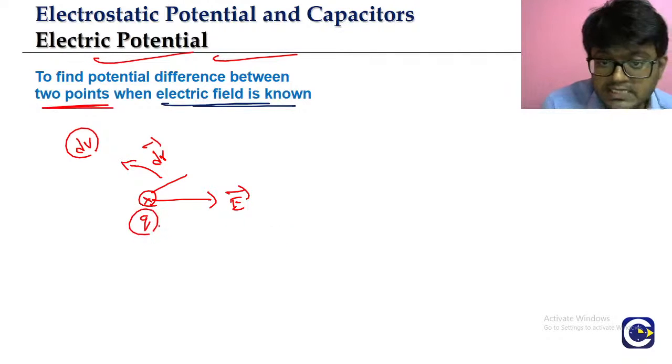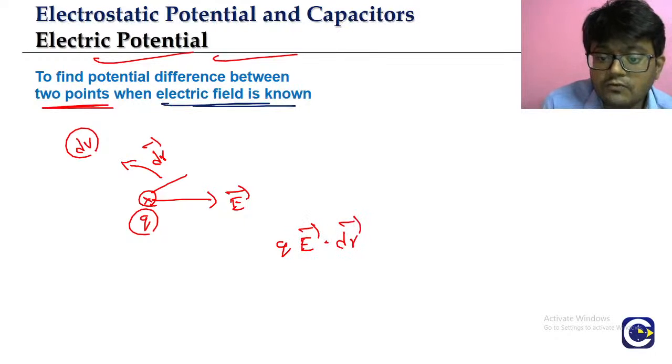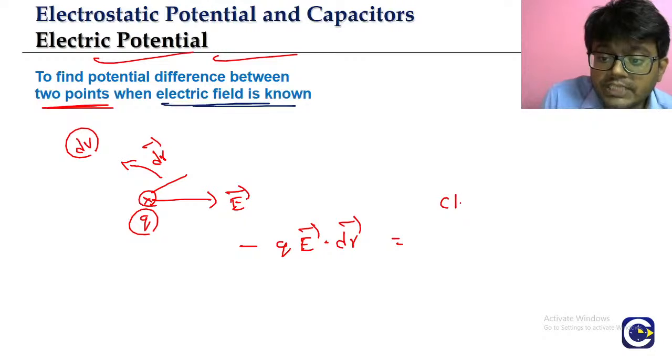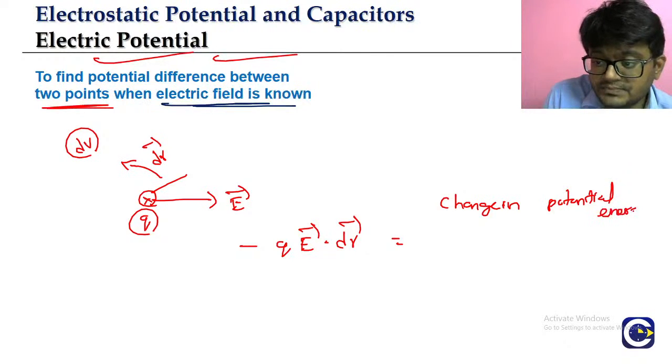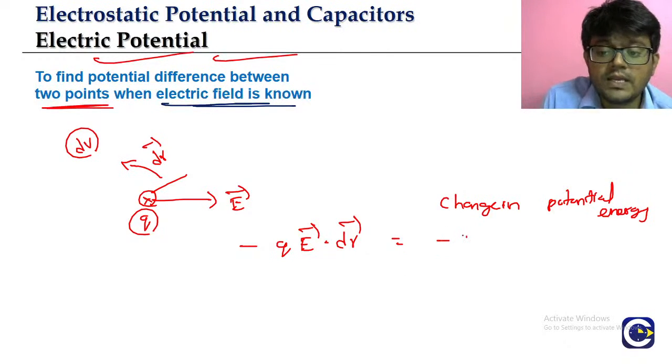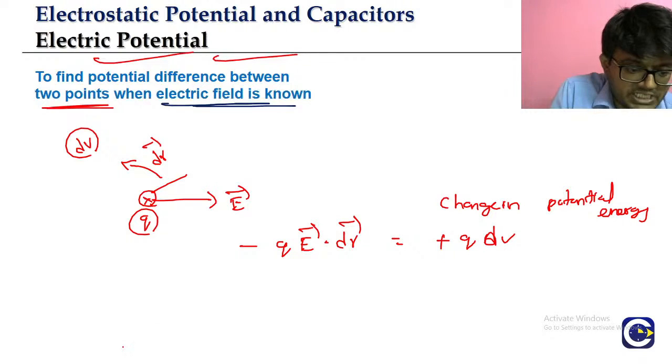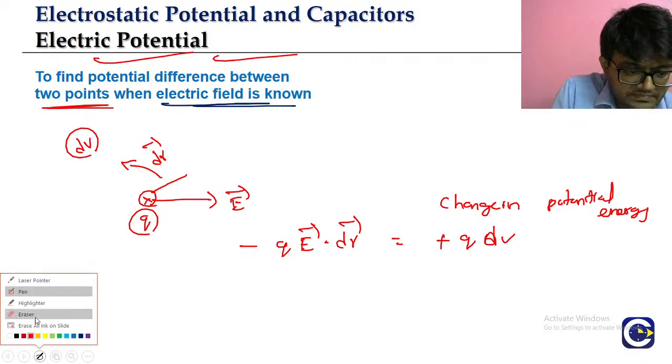Remember, we have taken the charge, so the work done by the electrostatic force is force dot displacement vector. The negative of this is equal to the change in potential energy, which is q dV.